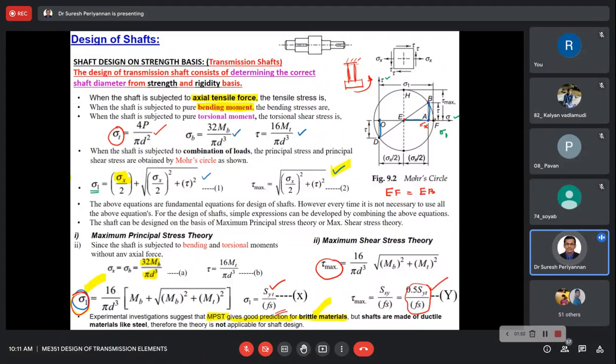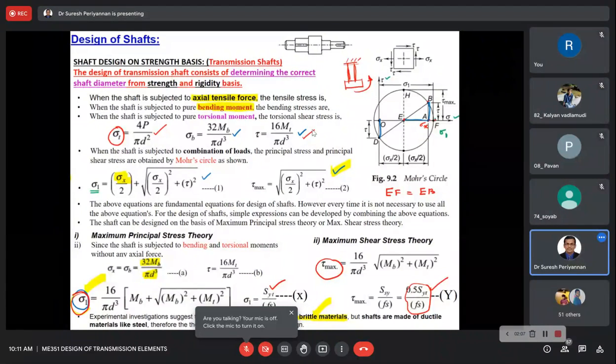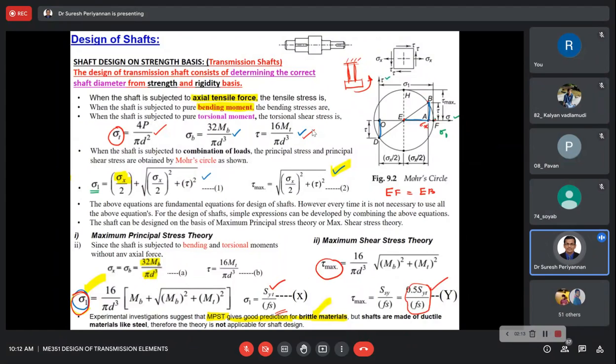When the shaft is subjected to twisting moment, torsion, only shear effect, we use this formula. But when the shaft is subjected to combined load, both normal stress sigma b and shear stress tau, then we have to go for the Mohr circle concept.